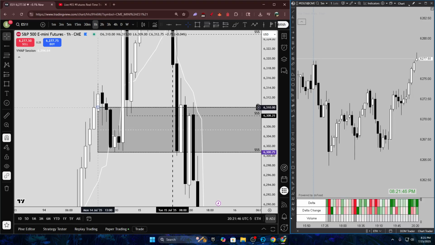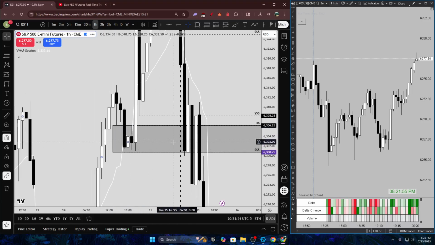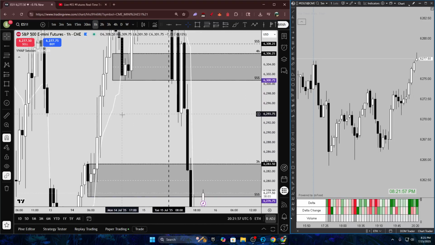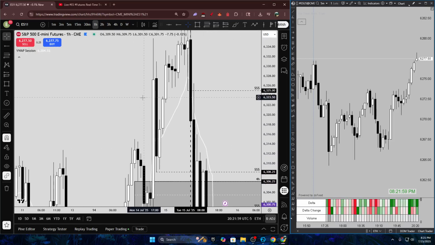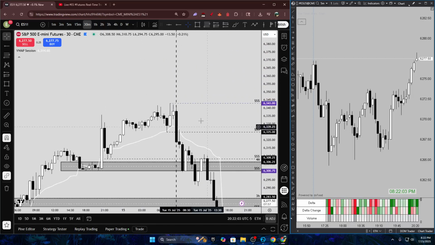I'm actually going to make this 4-hour into a 1-hour simply because there's no need for all that extra area when we already have specificity down here. And yeah, that's all for the 1-hour. Those are all the levels, right?